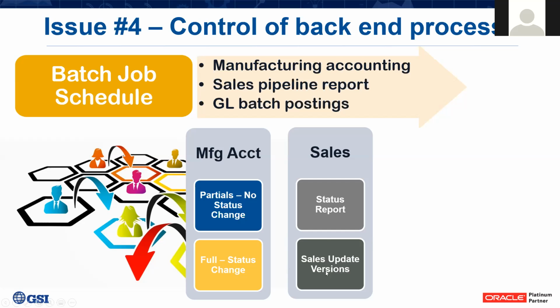And those invoicing pieces are options inside the versions, whether I create AR or don't create AR. So another thing to be cognizant of is you need multiple versions of sales update, and they should be set with their data selection according to the order types that they are intended to process. So again, some other control tips for your back-end process.